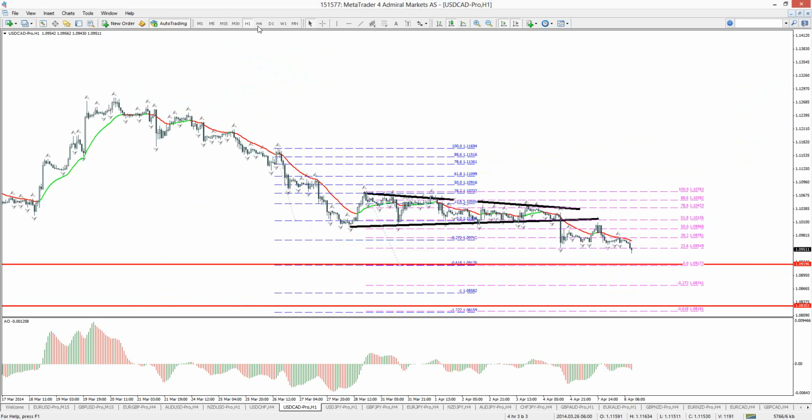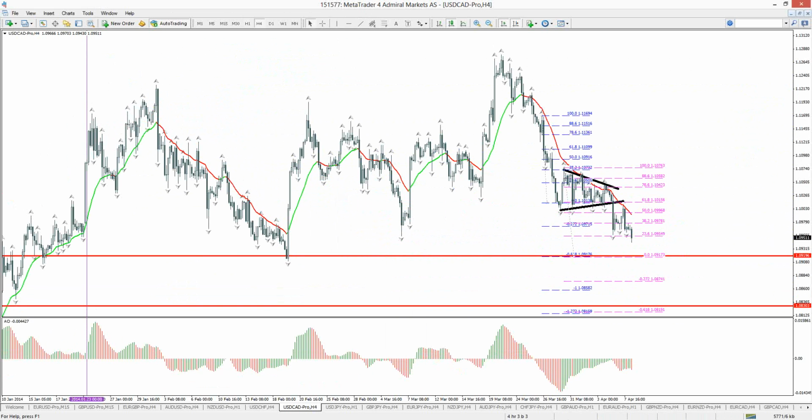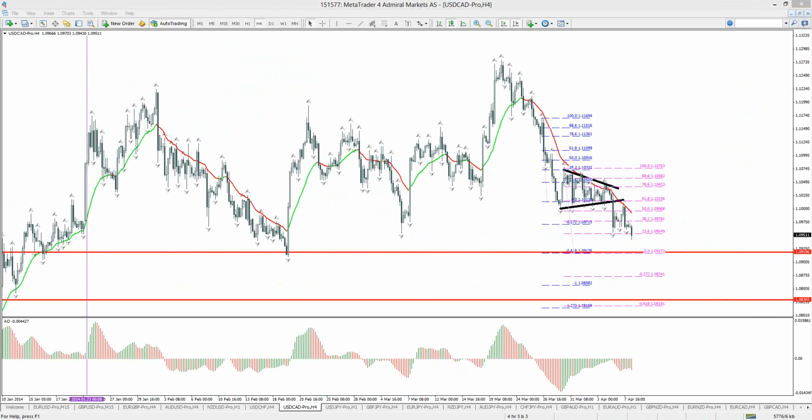Look at the confluence here. A hit on this level, and a bounce to the 50 fib, for instance, and then we can see maybe follow through to the next support level, which is the red line there. So something like this is what I would expect when looking at the fibs.